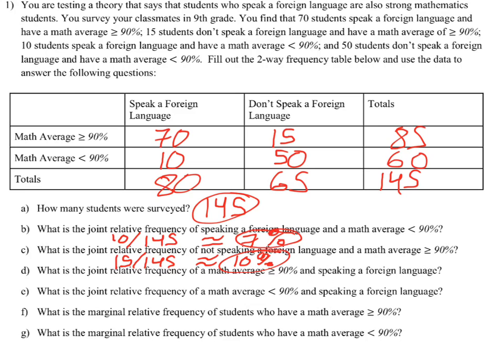D, joint relative frequency, math average greater than or equal to 90, speaking foreign language, that is this guy here. So above 90 speaks foreign language, that gives you the 70 there. So you have to do 70 divided by 145, which will give you 48%.